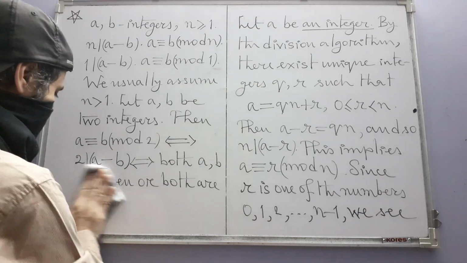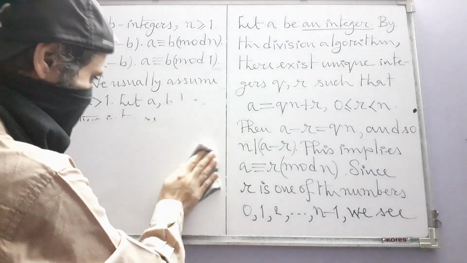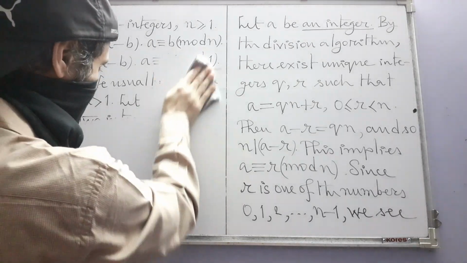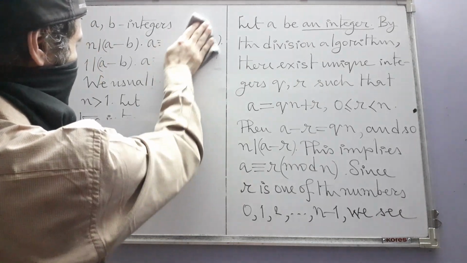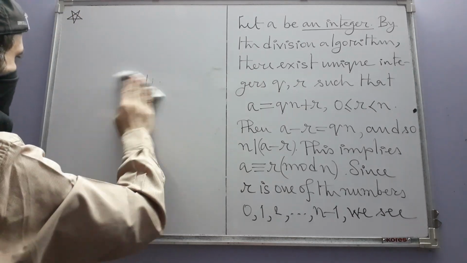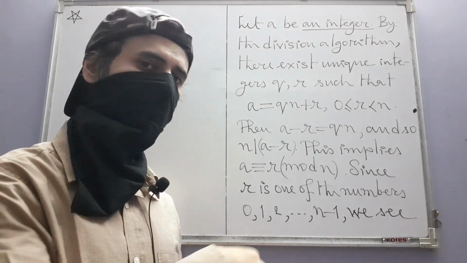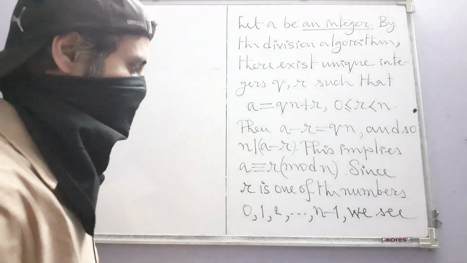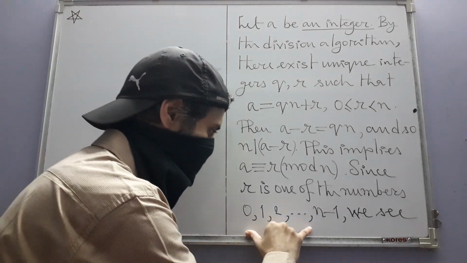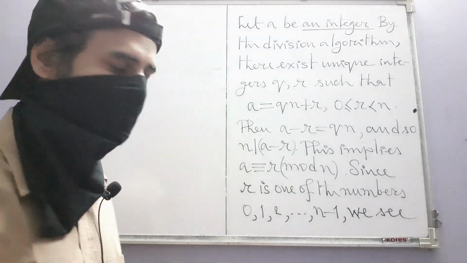That means as far as the modulus n is concerned, although there are infinitely many integers A, when we calculate this relation, what A is congruent to, A will be congruent to infinitely many numbers. But among them, these special numbers are there, which are only finite in number.